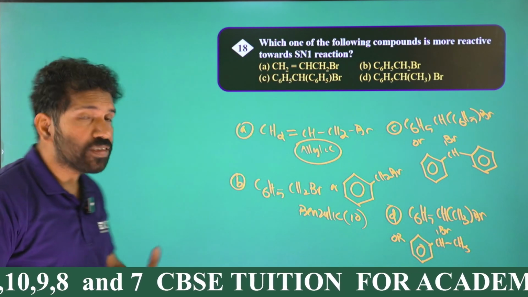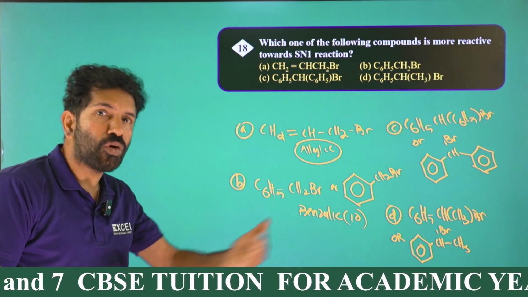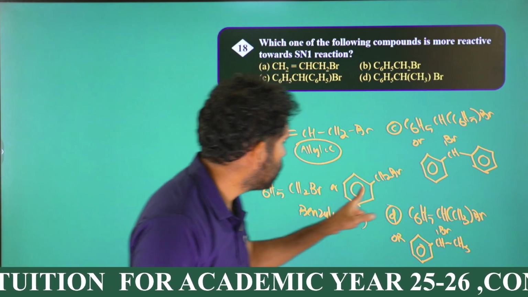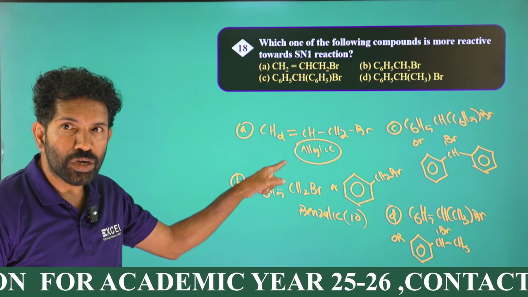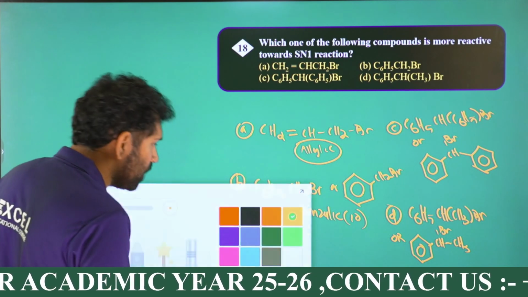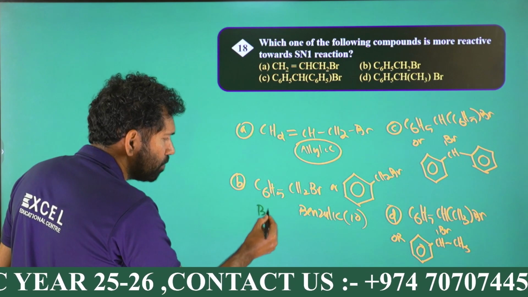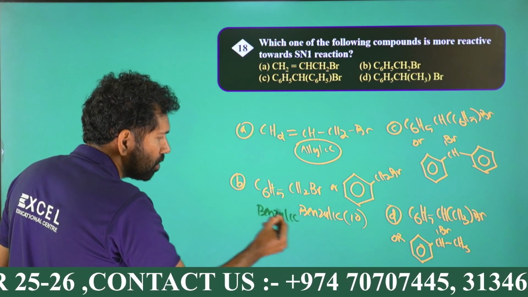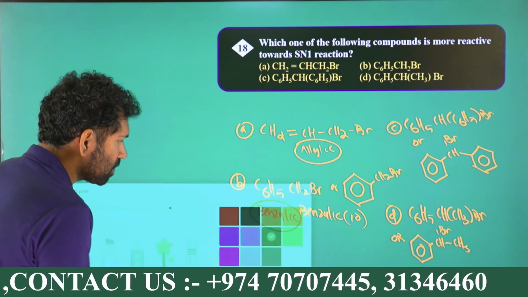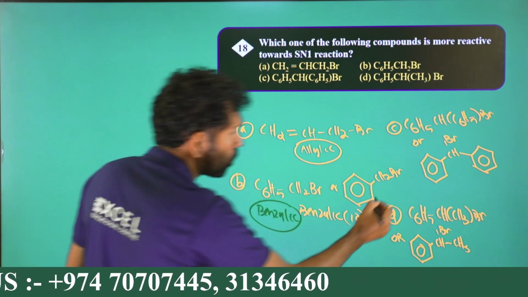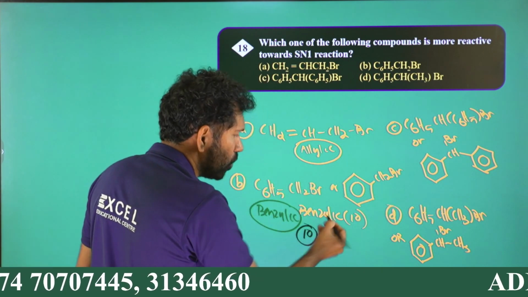Now the confusion is, sir, we studied that benzylic is more reactive than allylic. So this will be more reactive than this; benzylic is more reactive than allylic, no doubt. Which are all benzylic here, see students. This is benzylic primary, we already learned.